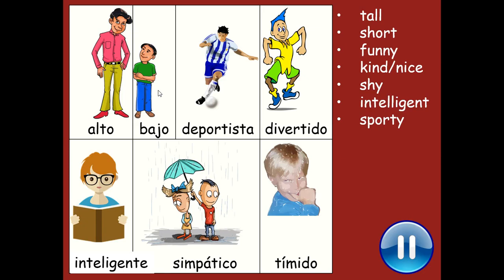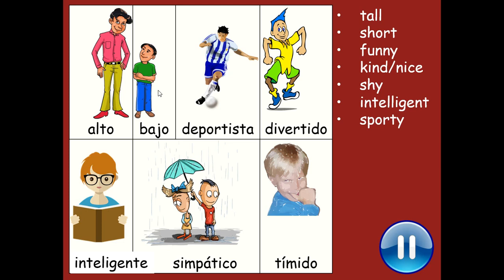Right then, so let's have a think about what these mean in English. So the first two, alto and bajo, we've got a pair of opposites there. So alto is tall and bajo is short. Then the next one, deportista, is sporty.